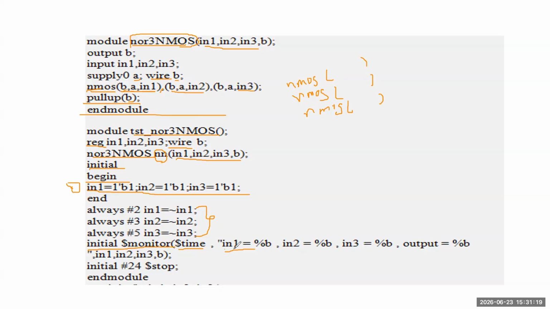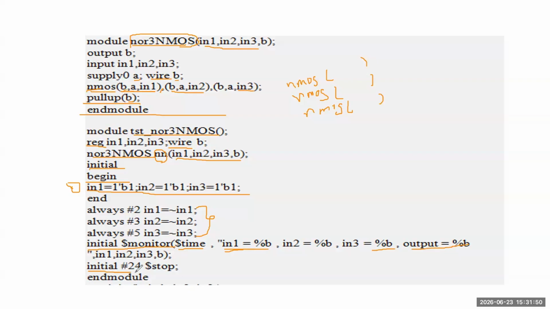So input is represented in the form of binary. Percentage b stands for the binary. Input 2 is also represented in the form of binary. Input 3 is also represented in the form of binary. Output is represented in the form of binary. And what order this must be displayed is shown here. First in1 will be displayed, then in2, then in3, and at last B is going to be displayed.